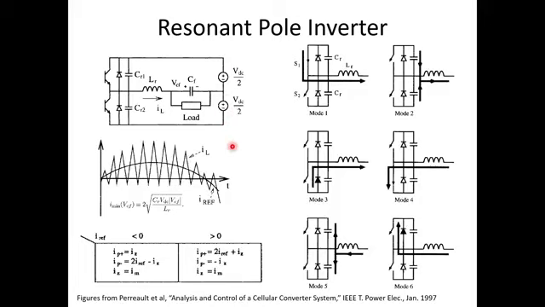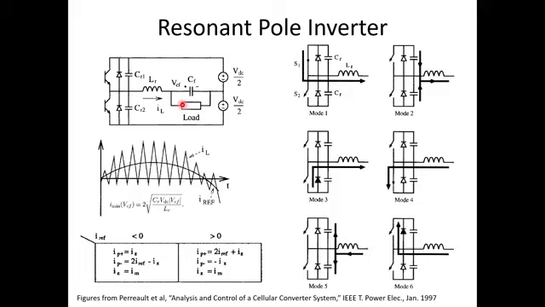So this is my DC input, VDC. My output is the voltage across this capacitor here, VCF. So I want to generate a low frequency AC voltage across that capacitor, and that AC voltage is going to be applied to the load.